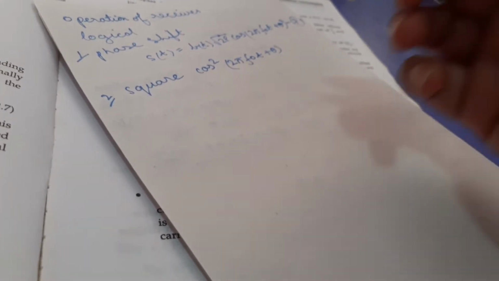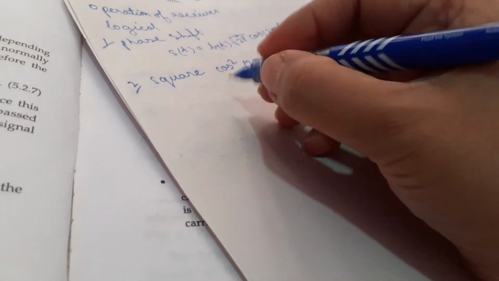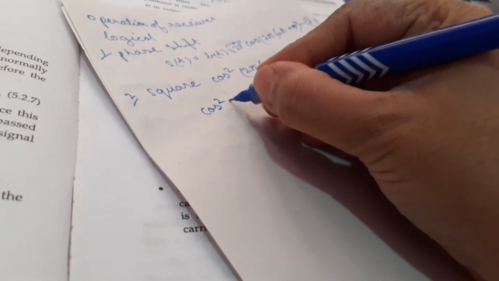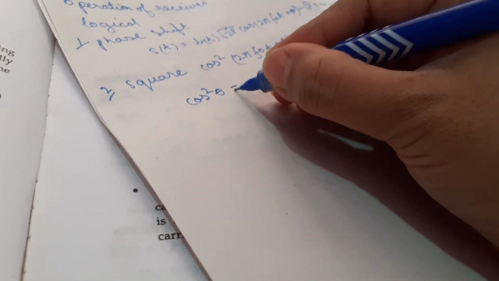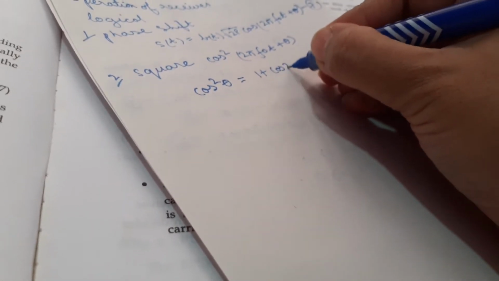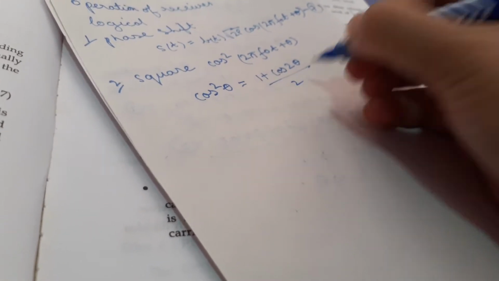We will neglect the amplitude, we will not think about the amplitude. We all know cos square theta is equal to 1 plus cosine of 2 theta over 2.